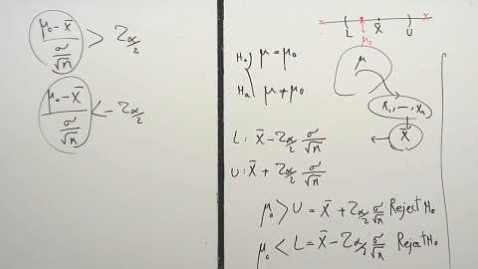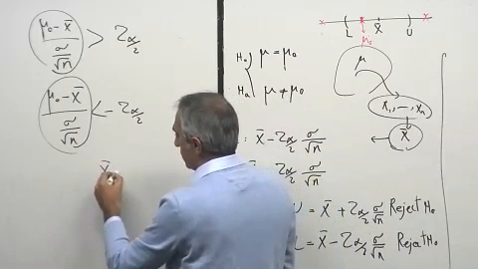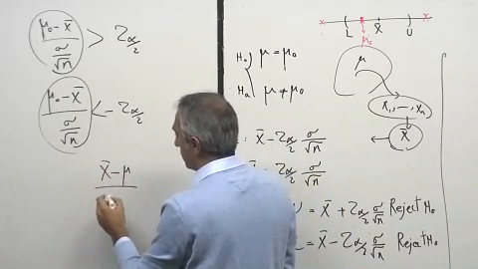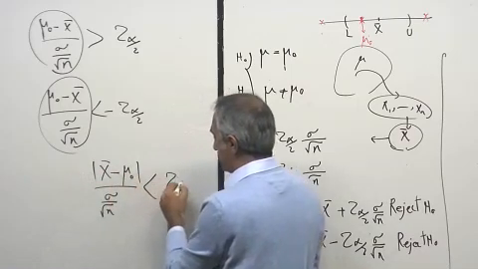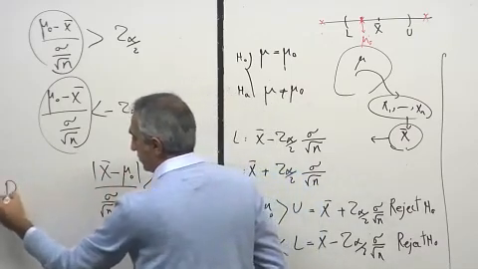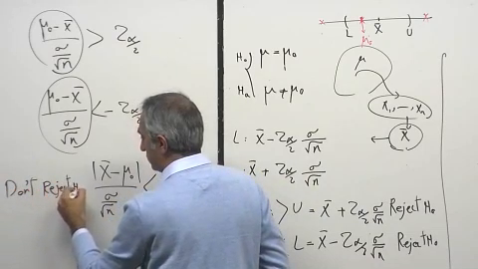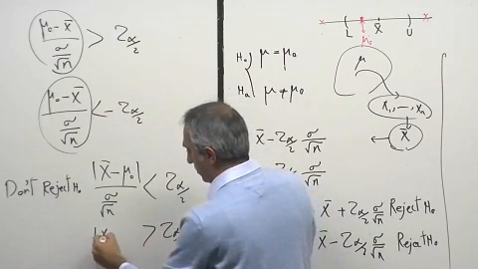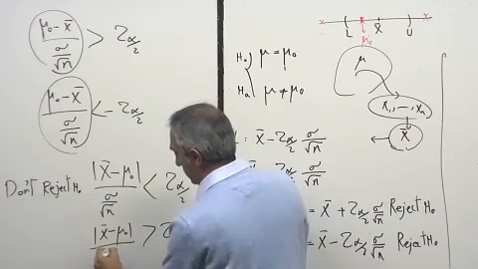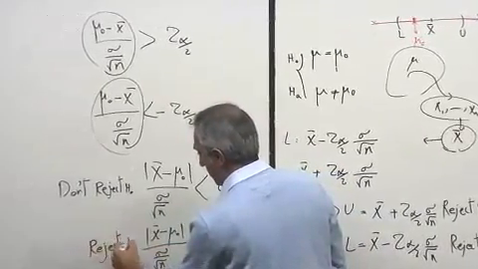Yeah. So basically what it says, if this guy is less than Z alpha over 2, we do not reject H null. If it's greater than Z alpha over 2, we reject H naught.